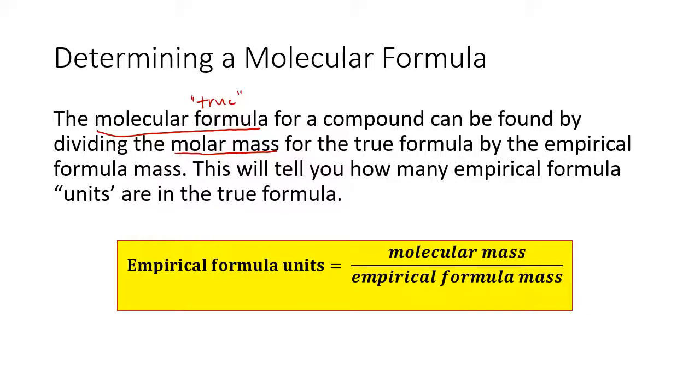If we know the molecular mass and our determined empirical formula, we can figure out how many empirical formula units, or EFUs, are within a given molecular formula. So the molecular mass will be for our true compound, which we're trying to determine the formula for, and we'll divide by the empirical formula mass. This empirical formula mass will be something we have to calculate from our empirical formula that we previously determined.